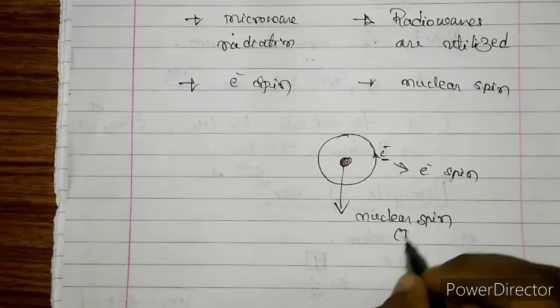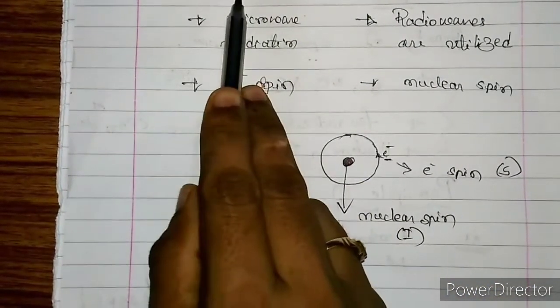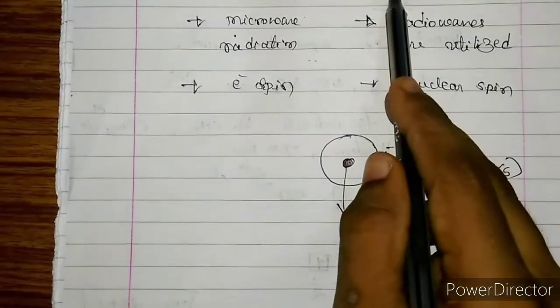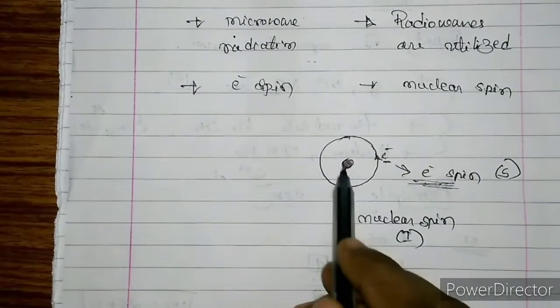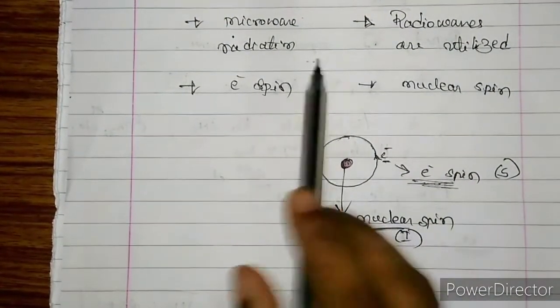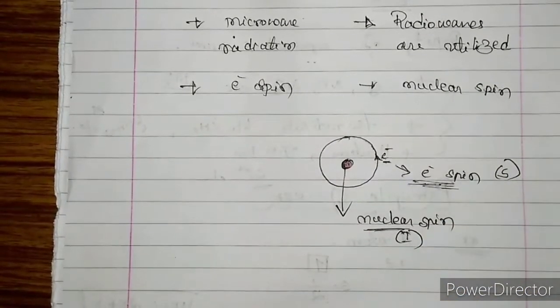It is represented by I, while this is represented by S. In case of ESR spectroscopy, we are considering a spin of the electron, while in case of NMR spectroscopy, we are considering a spin of the nucleus, or nuclear spin. So these are the two main differences between ESR spectroscopy and NMR spectroscopy.